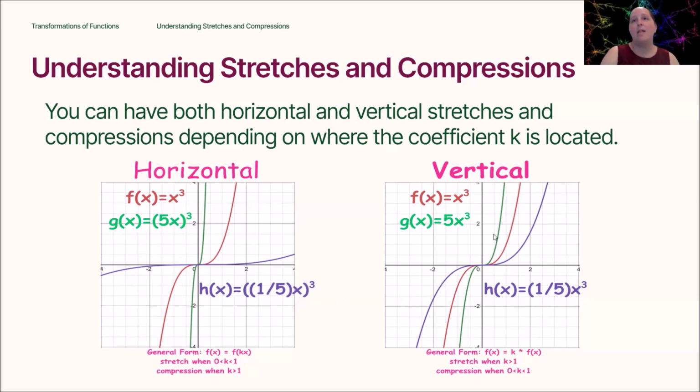When it's outside the parentheses, 5x cubed is a vertical stretch, while 1/5 is a vertical compression. So horizontal is inside the parentheses, vertical is outside the parentheses.